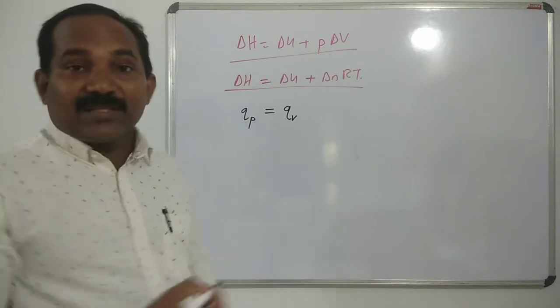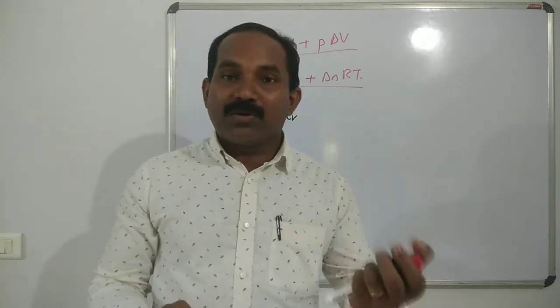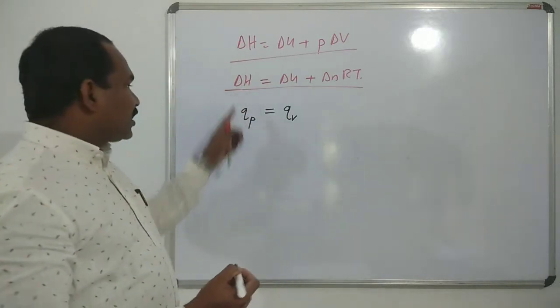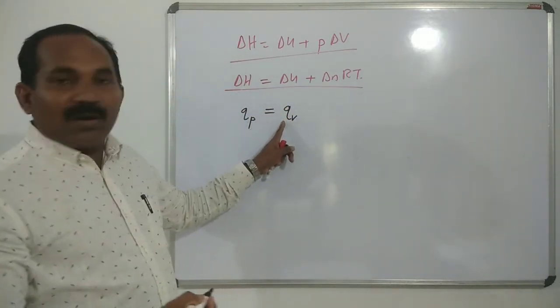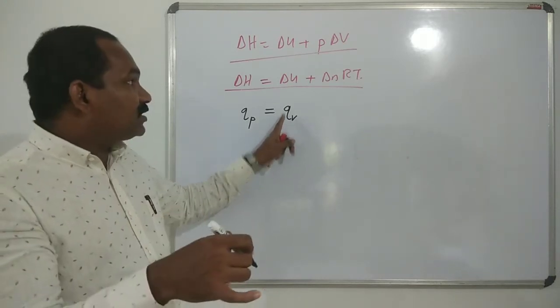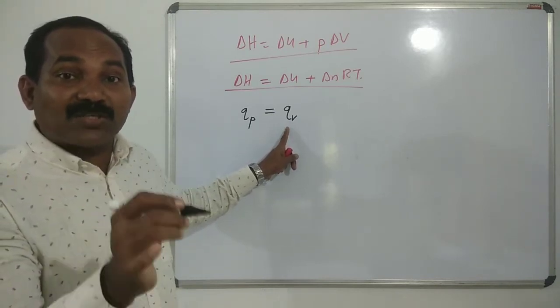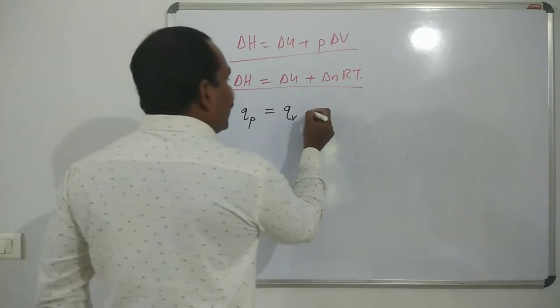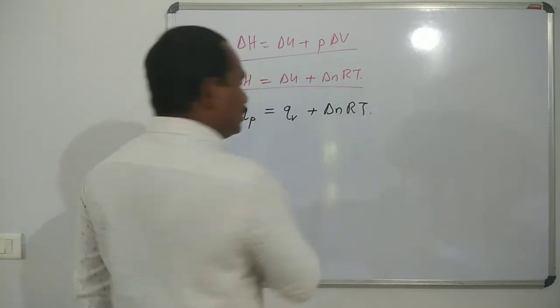Delta H is the heat content at a constant pressure and temperature. You know that. So delta H can be written as QP and delta U becomes QV. Already discussed this. Delta U is equal to heat absorbed at a constant volume plus delta nRT.